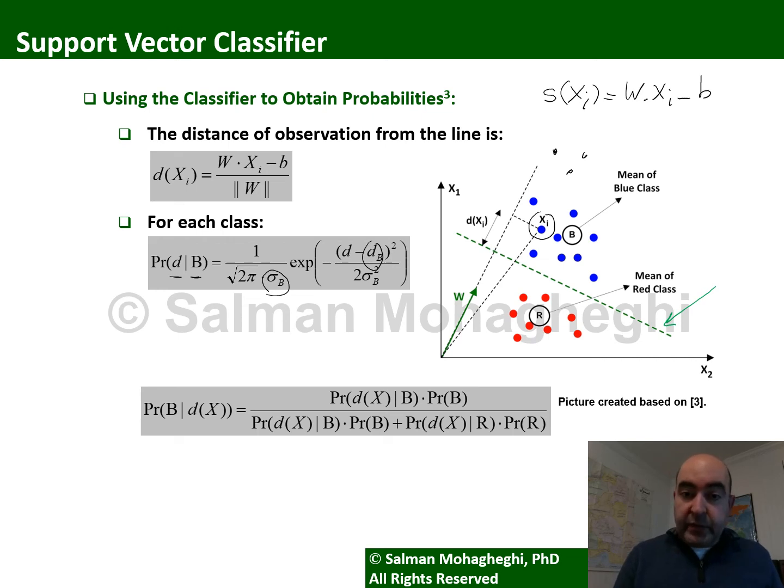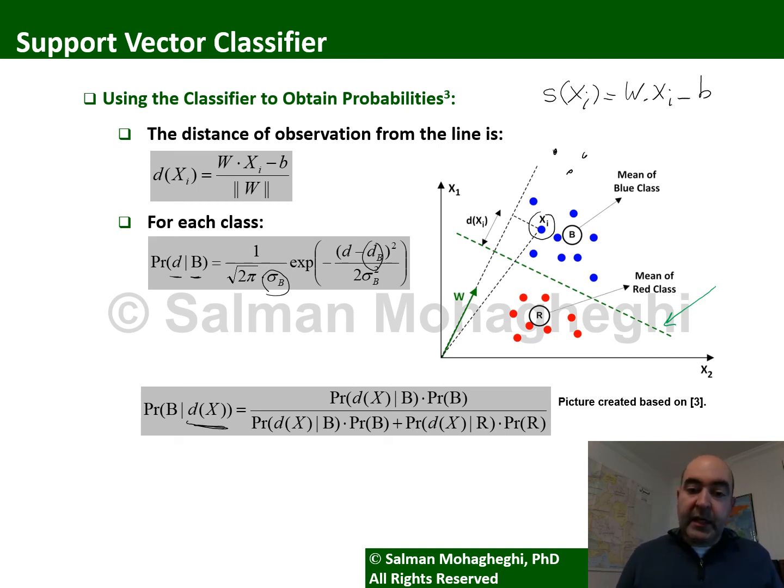If I want to take into account uncertainties, for example, certain misclassifications and things like that, I can use the Bayes theorem. I can look at one particular observation, let's say some point x, and find the distance of that point x to the green line, and it turns out to be d of x.